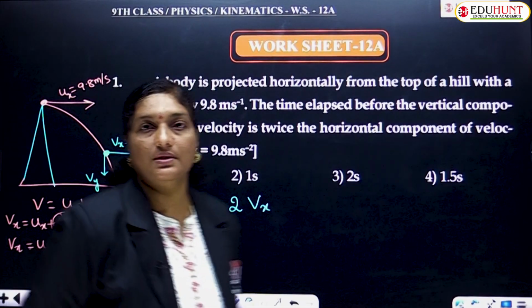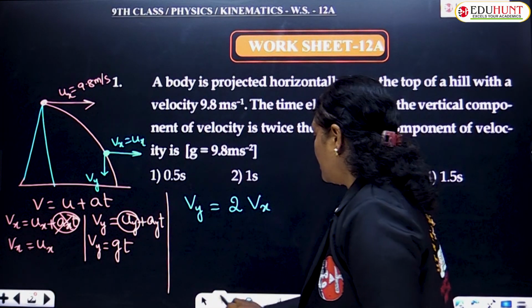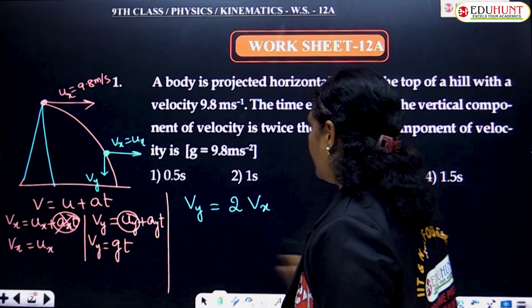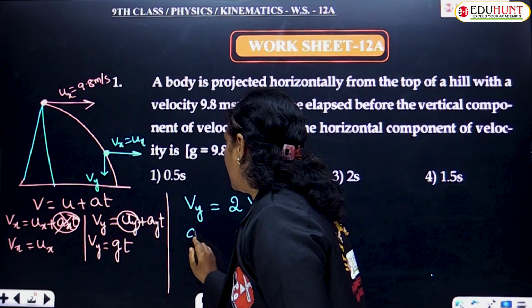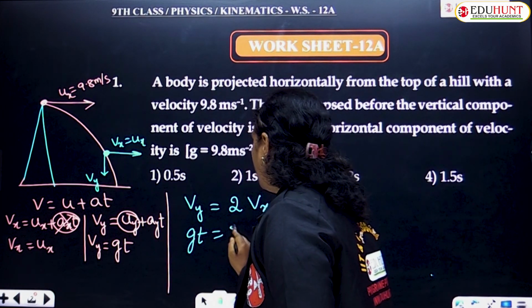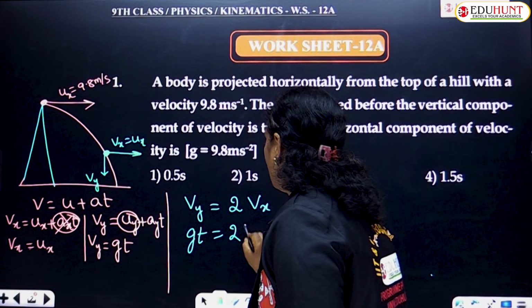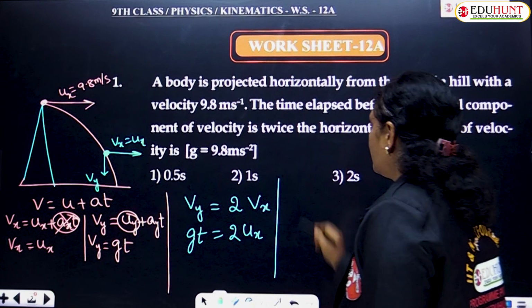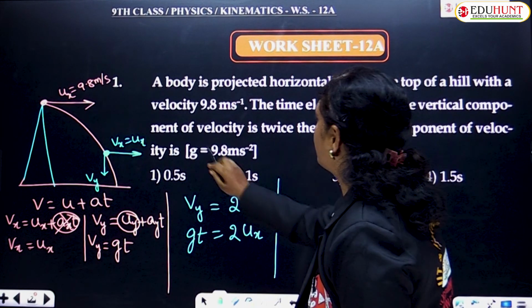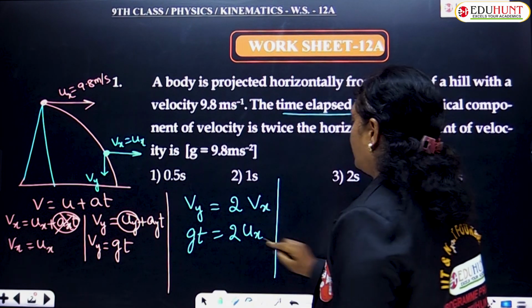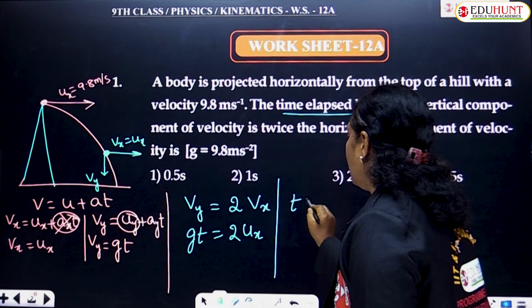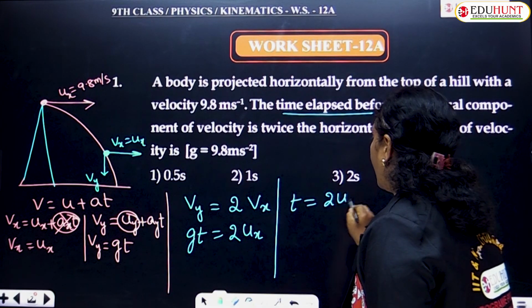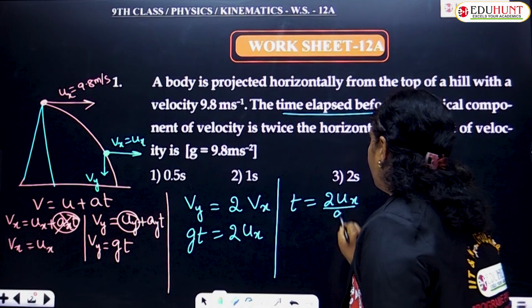Substituting those values in the above condition, how much are we getting, children? Instead of Vy, let us replace it with gt, and instead of Vx, let us replace it with Ux. Clear? Now substituting the values, you are asked to find the time elapsed. Time elapsed means T. So T can be found as 2 times Ux by g.